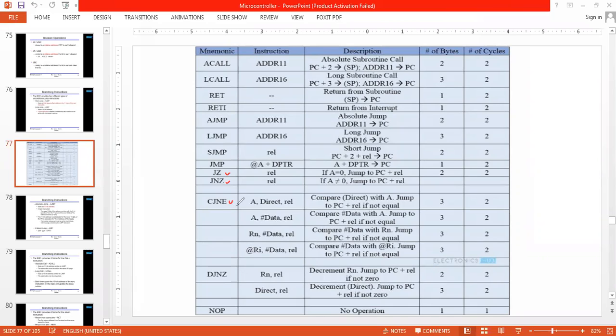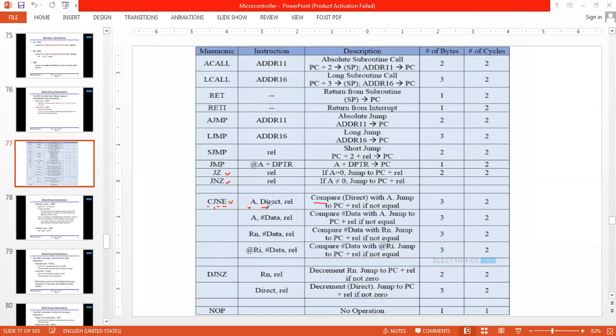Then CJNE. This is nothing but compare. C stands for compare, J stands for jump. Compare and jump if not equal. What is going to be compared? The A value, A is a must here, is going to be compared with the direct memory location value.